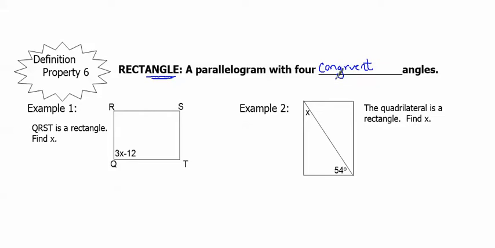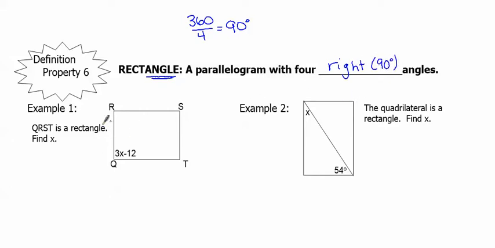But here's what's so special about those angles. If I have a parallelogram, which is a quadrilateral, it has 360 degrees in it. If I divide that by 4, what do I get? 90. So not only are these congruent angles, we have a special word for them. Those are right angles because they're all 90 degrees.